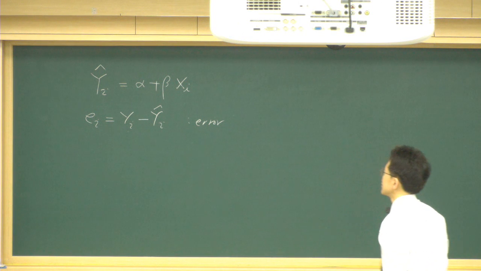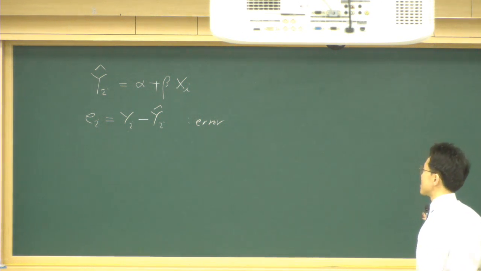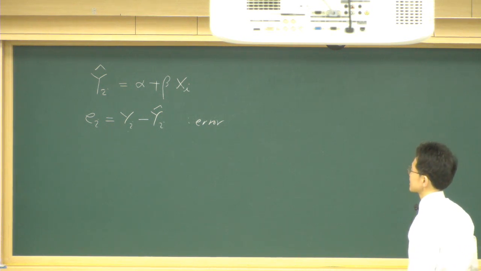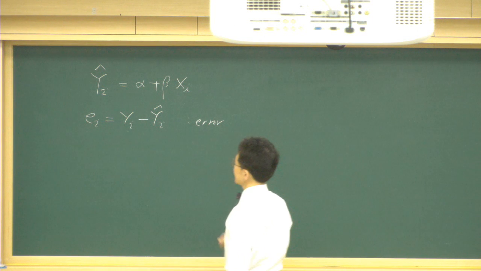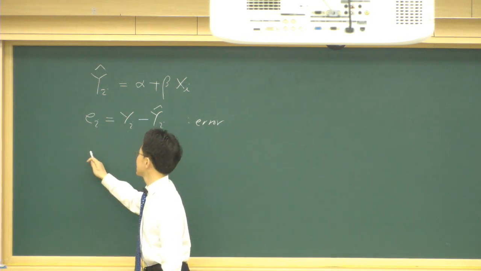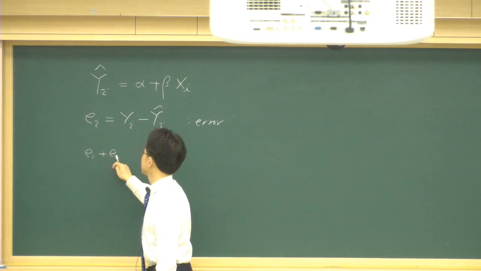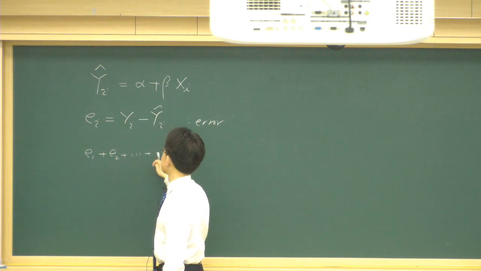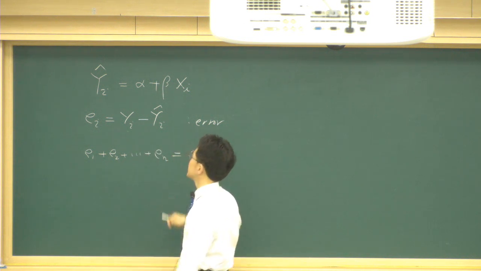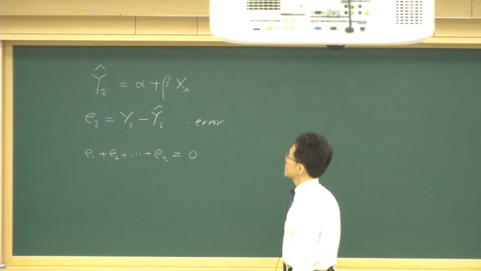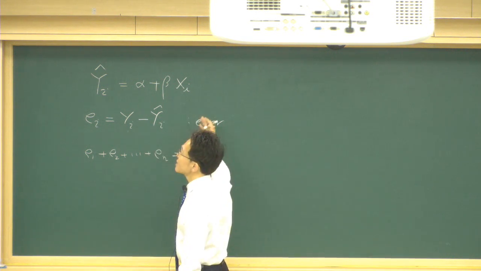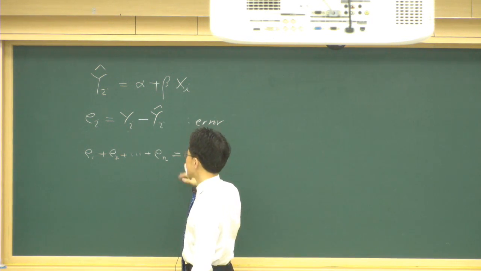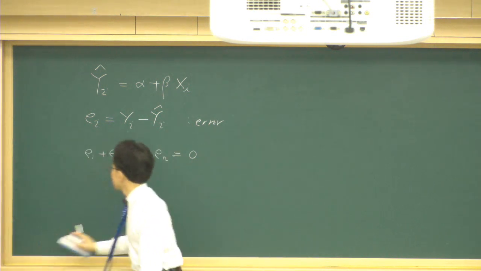And in order to minimize the errors, we got to have some sort of measure to take the summations of errors and so on and so forth. But we already learned that if we add all these errors, for example, E1, E2, all the way to, let's say, En, this can be 0. Why? Because sometimes these values cancel each other. And therefore, this is not a good way.